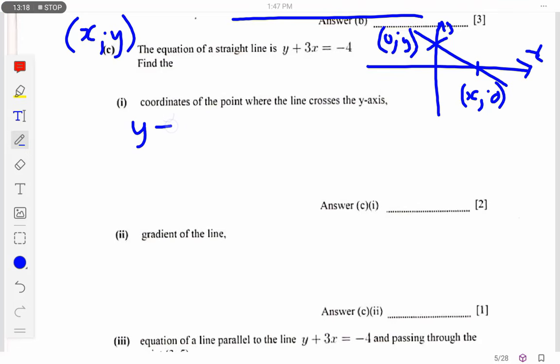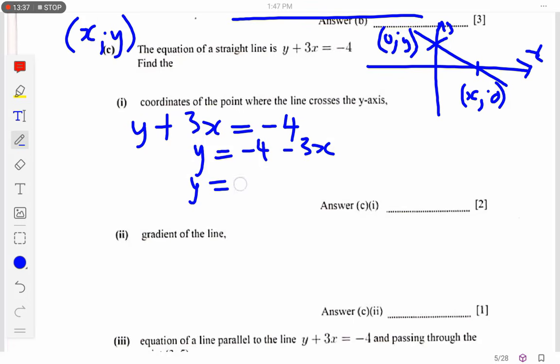So what we can say is this: we have our equation y plus 3x is equal to minus 4. Now we can substitute. Let me write it in the form of y. So y is equal to minus 4 minus 3x. We normally write it y is equal to minus 3x minus 4, in the form of y is equal to mx plus c.